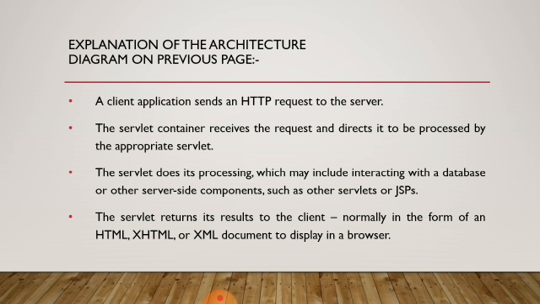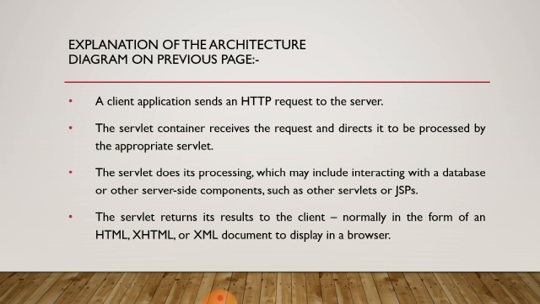So the servlet method executes, typically calling methods on the HTTP servlet request and HTTP servlet response. The server formats the information stored in the HTTP servlet response object by the servlet into the HTTP response message.